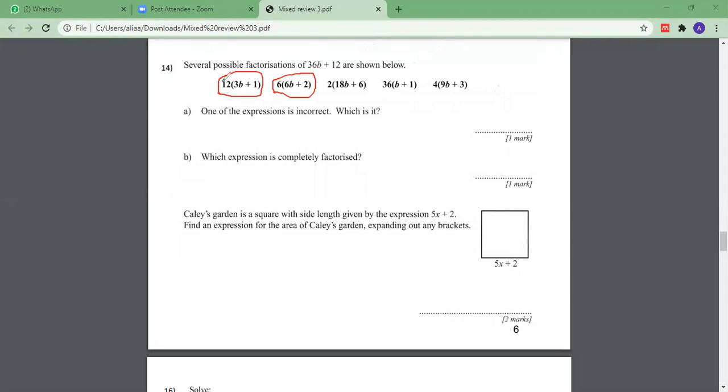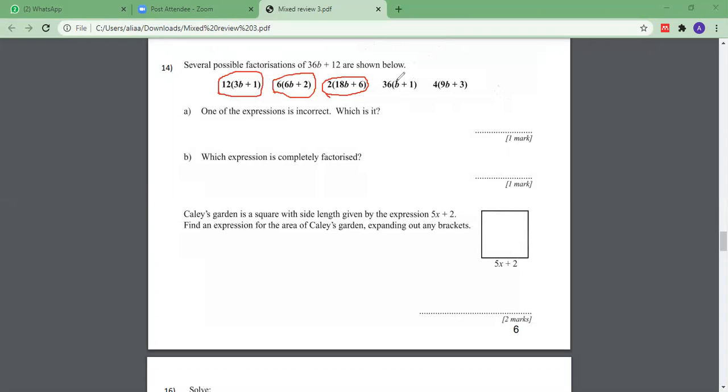And this is the best actually, because there's no common numbers in the bracket. If I divide it by 2, 36 divided by 2 is 18, 12 divided by 2 is 6. Okay, he wants to know which is incorrect. So this is also a correct factorizing.